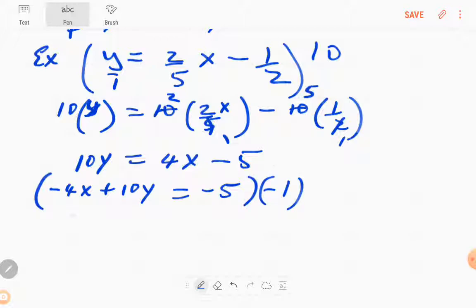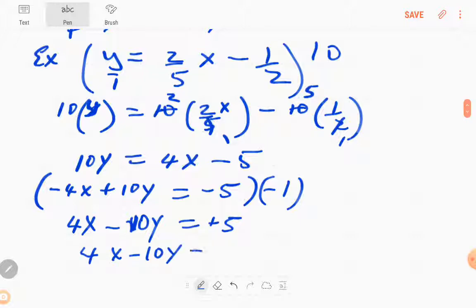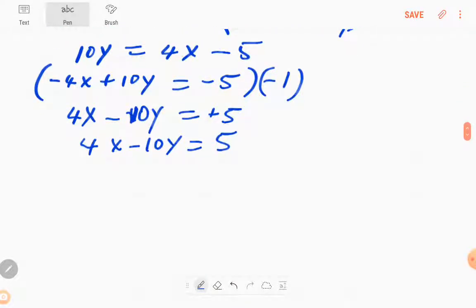And so this will make it 4x minus 10y equal to plus 5. So 4x minus 10y equal to 5. And all the coefficients are integers, and the coefficient in front of x is positive. So this is our answer here.